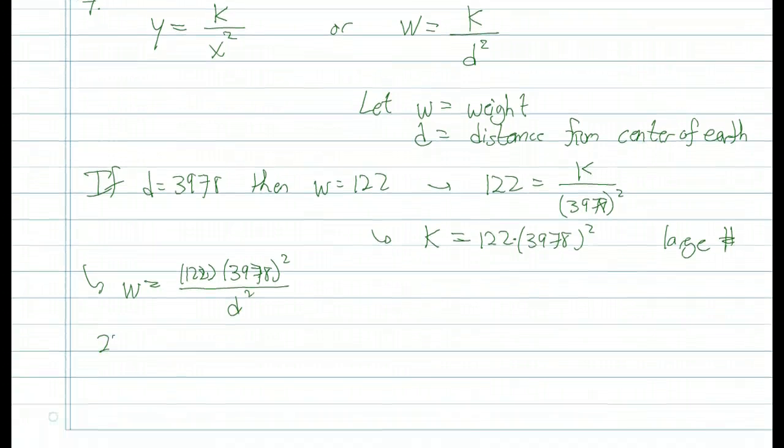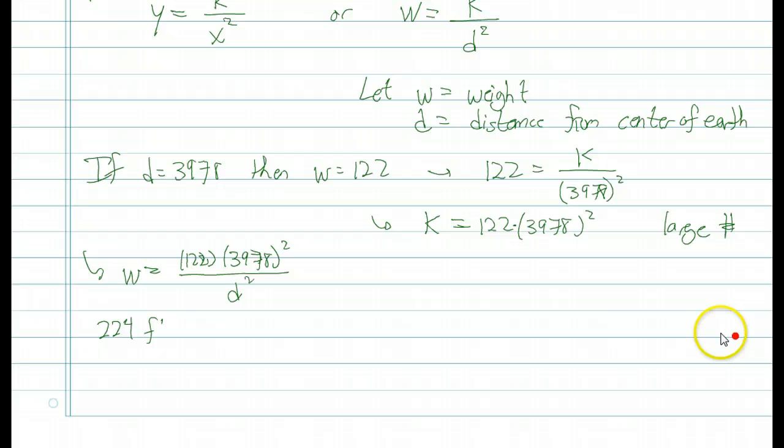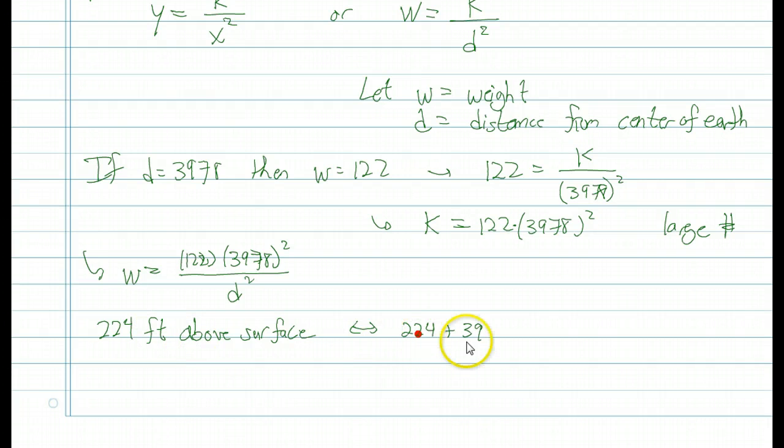Now to answer the question, we're just going to plug in. Okay, but they're telling us, this is a typo here, if you're 224 miles above the surface of the Earth, not feet, then, well, what's that equivalent to? How far, what's D going to be for 224 miles above the surface?